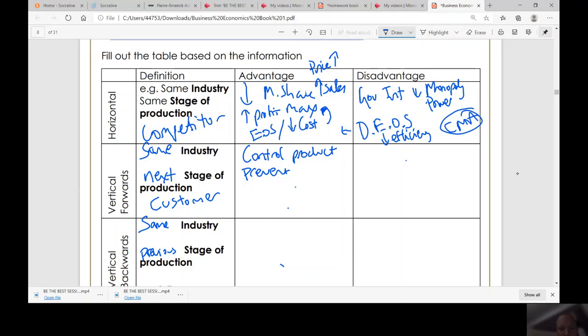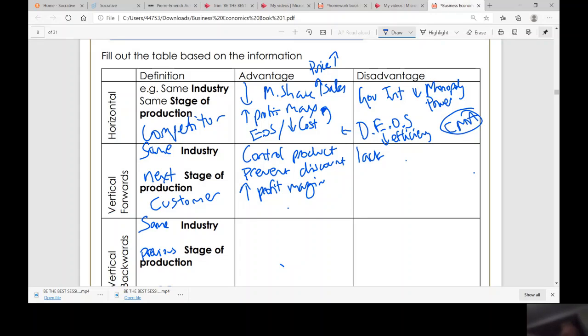So if you are a manufacturer of cars and you sell them to garages, then those garages can potentially discount and affect your product. But also you increase your profit margin as effectively you are bringing into your business the next stage of production. So if you take out a stage of production, you take out their profits and you make it part of your own profits.